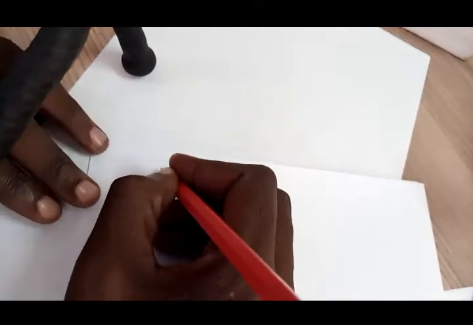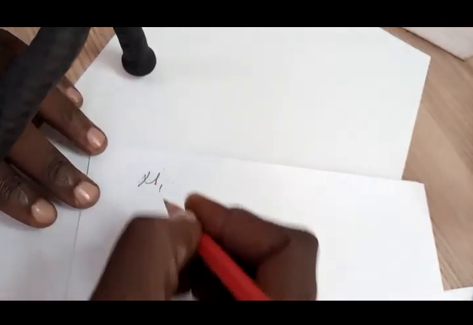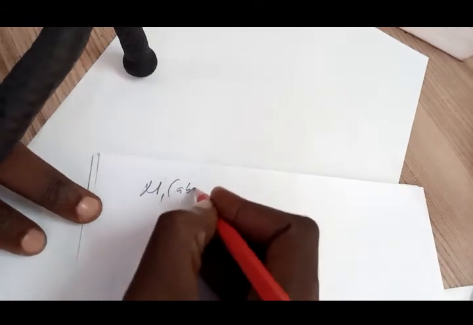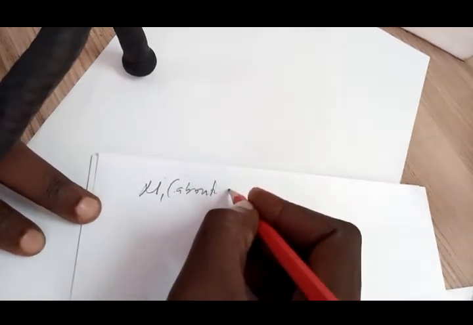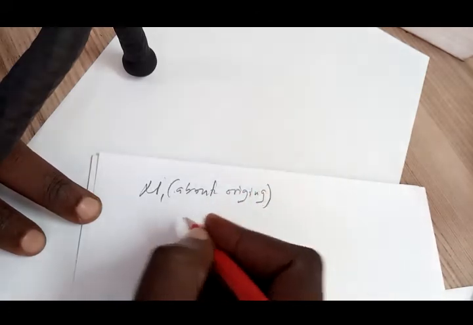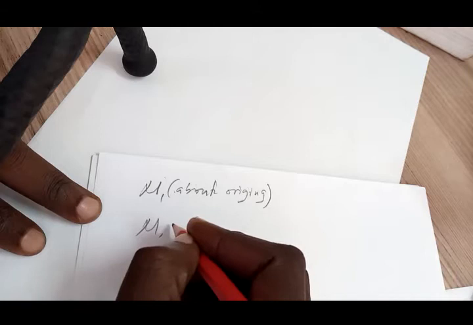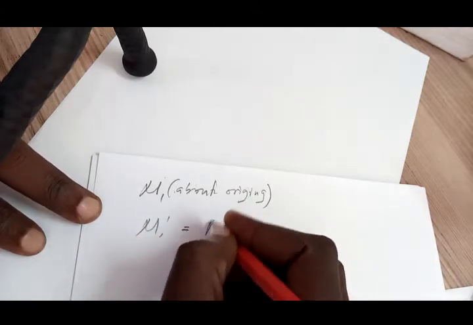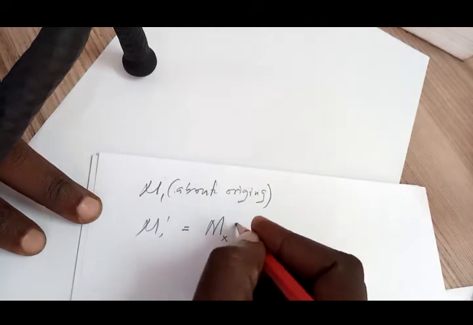So for our mean, we are going to say mu1. Now this mu1 which we are assuming, we are saying this is about the origin. So if this is going to be about the origin, then our mu1, of course, is going to be equal to the first moment.